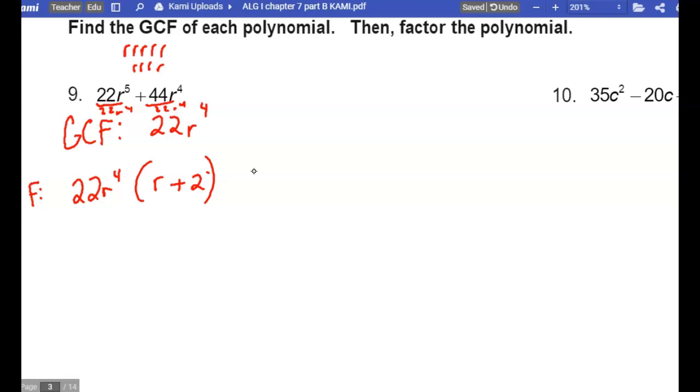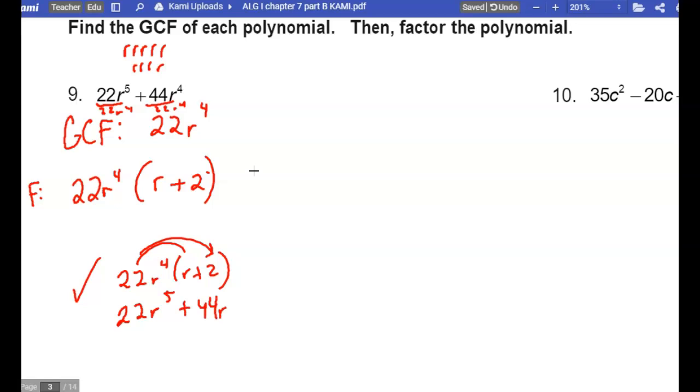If I were to plug this back in and check my work, remember last week we were doing the following. We're just multiplying in. So when I distribute in, I would get 22r to the fifth plus 44r to the fourth.